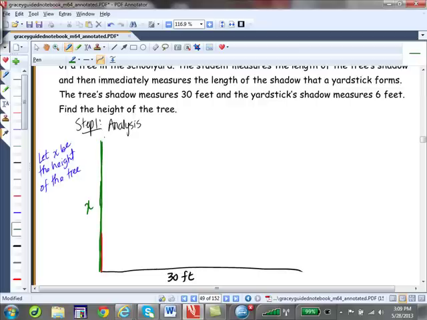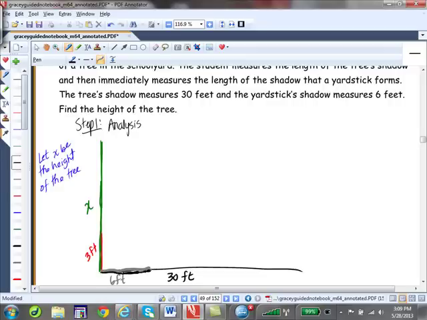So that is 3 feet. And then its shadow, so I'll do its shadow in gray, is 6 feet. Actually, that's kind of thick. So that's 6 feet. So remember, the shadow of the tree measured this whole thing.